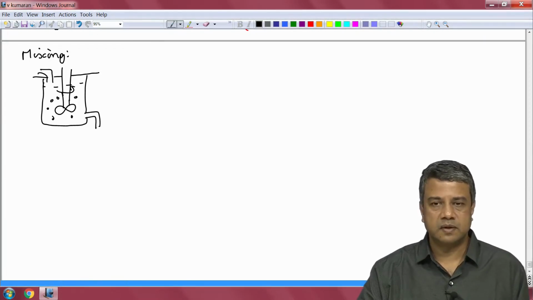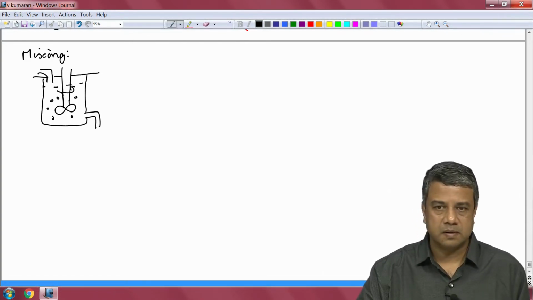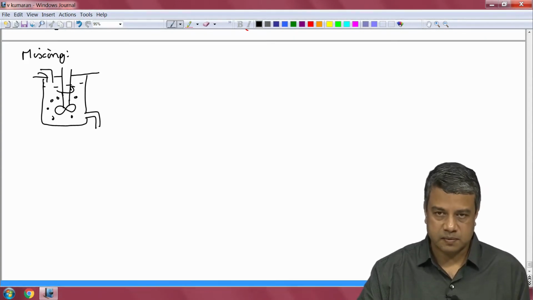For example, if you wanted to design a tank that was 1 meter in diameter, a priori, beforehand, you do not know what is the power that is going to be required. So, you design a smaller impeller tank of the same shape.